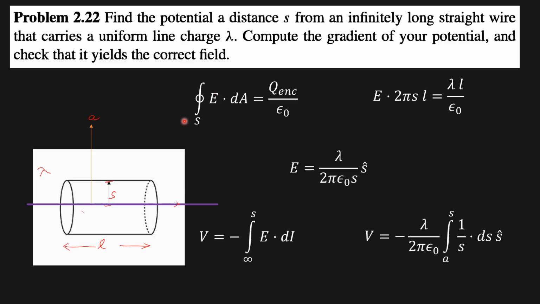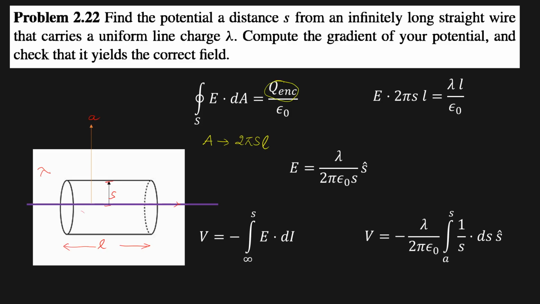We know the surface integral of E dot dA is equal to the charge enclosed over epsilon naught. This dA is a small area, so if you integrate it, you will get the area. Here the area is 2 pi s, that is the circumference of this Gaussian circle, multiplied by L. And what is the charge enclosed?